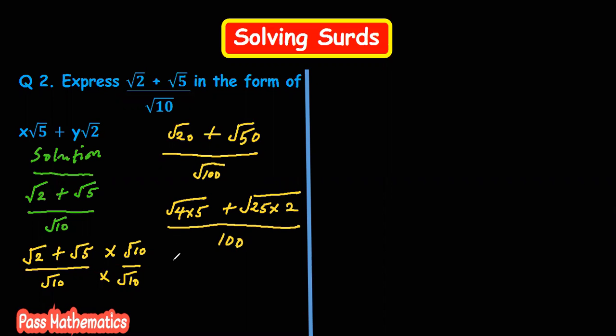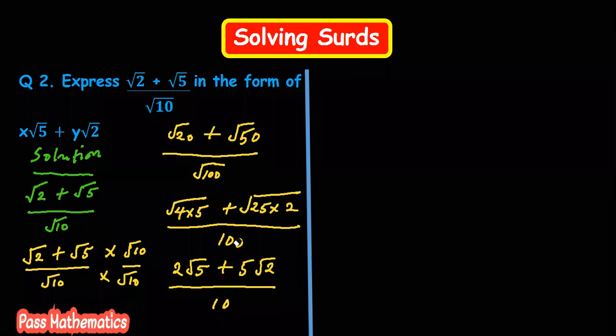Root 4 is 2, so we have 2 root 5, and then plus the square root of 25, which is 5, times root 2, divided by 10, because the square root of 100 is 10.